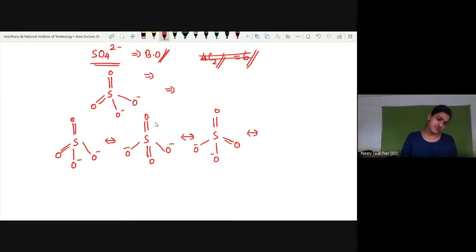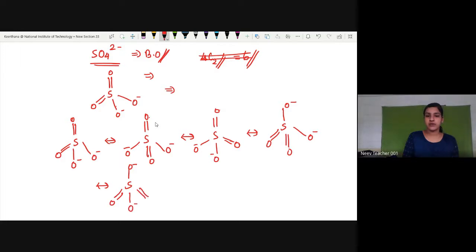In 3 structures, there will be a double bond, and in 3 structures, it will be a single sigma bond. If you are considering one sulfur and oxygen, in 3 structures there will be a double bond between them, and in 3 structures a sigma bond between them.